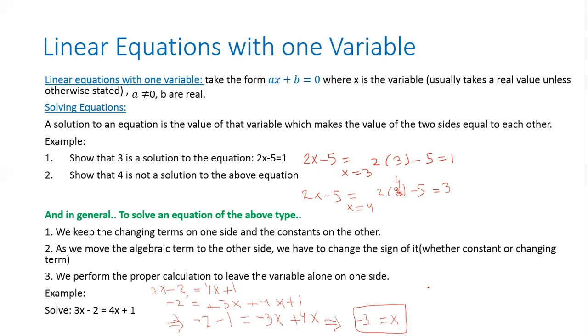Here we have 3x minus 2, and when x equals minus 3, 3 multiplied by minus 3 minus 2, so I will get minus 11. On the other side, we have 4x plus 1, and when x equals minus 3, 4 multiplied by minus 3 plus 1, and this will give me also minus 11.